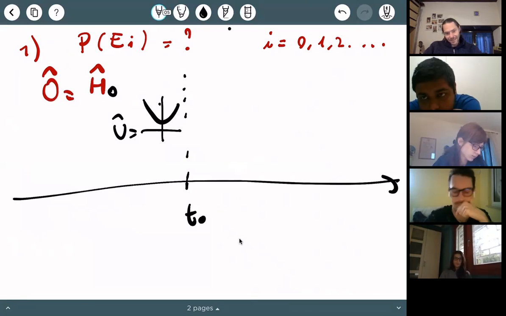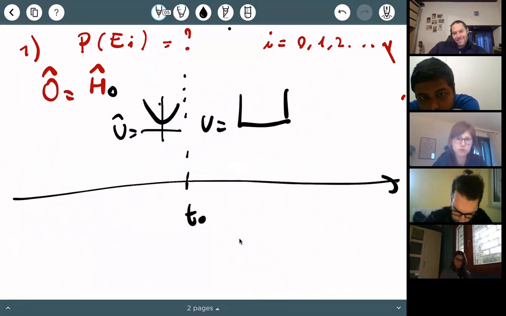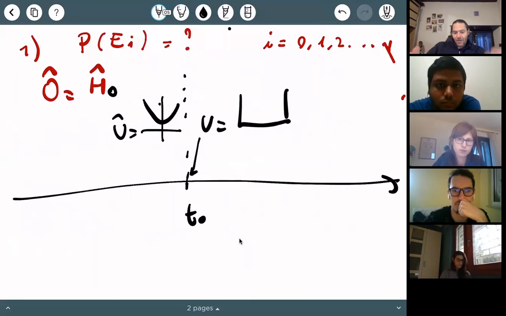Very good. From time T0 on, the potential energy has become this. In this very moment here, because I have removed the trap.